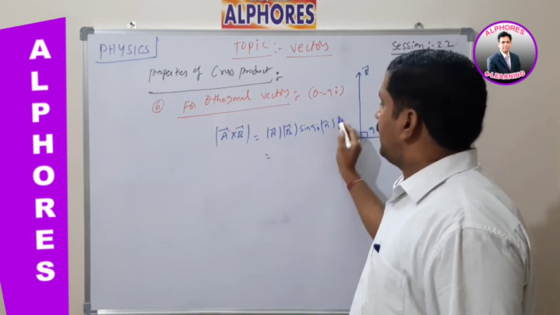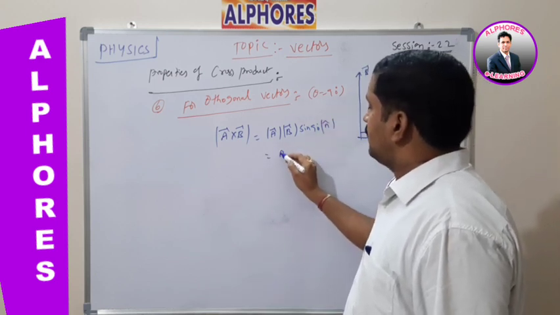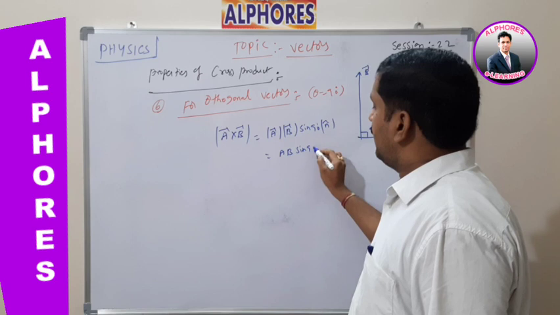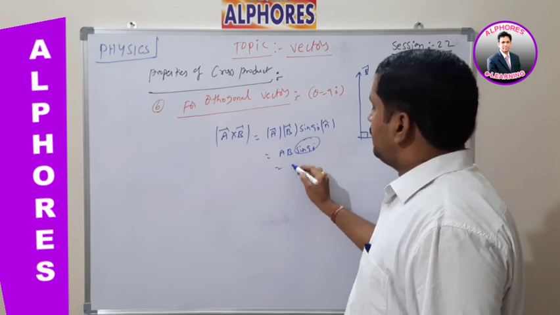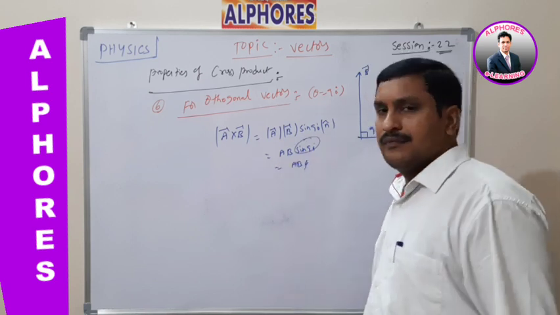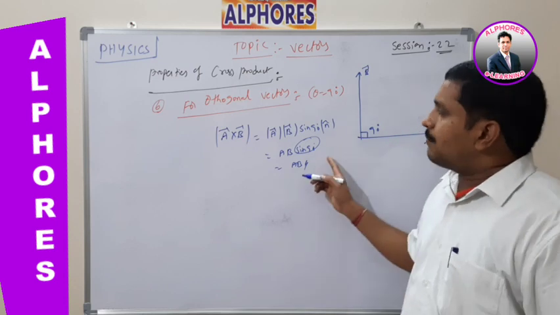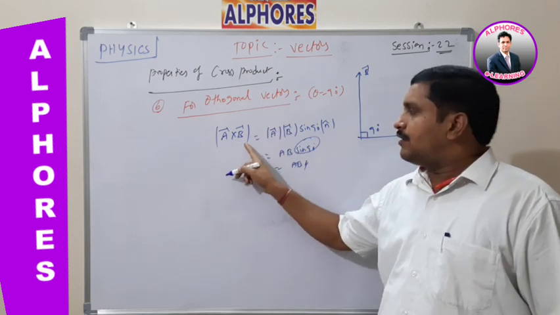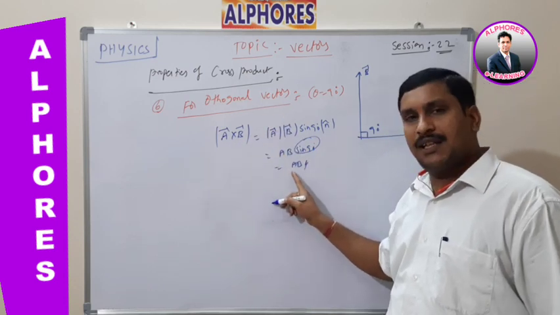The magnitude of n cap is 1, sin 90 is also 1, so it is AB. That means if the two vectors are perpendicular, the magnitude of the cross product is maximum, nothing but AB.